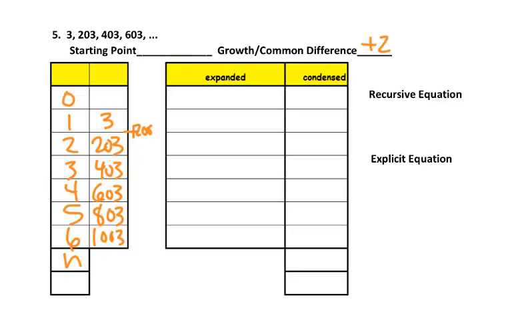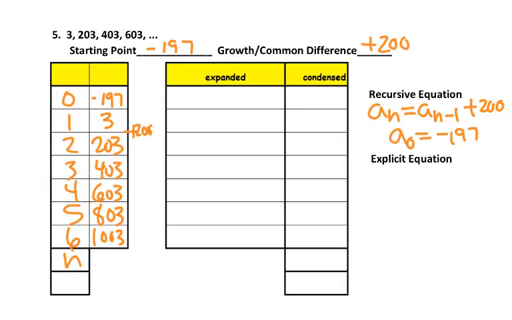So our common difference is 200. Going backwards, 3 minus 200 would be negative 197. That's our starting point. So we get a sub n equals a sub n minus 1 plus our growth. And our starting number, a sub 0, is negative 197.